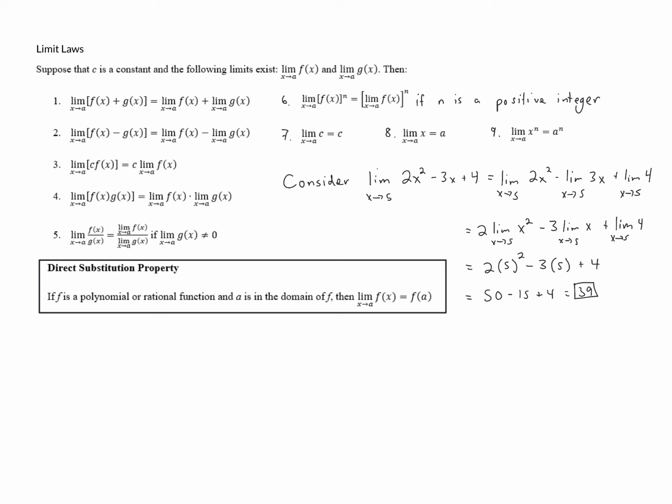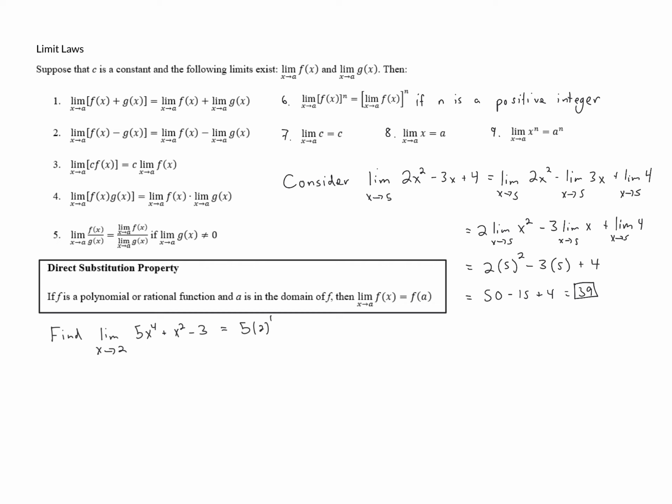Let's find the limit as x approaches 2 of 5x to the fourth plus x squared minus 3. Now, since this is the limit of a polynomial and the domain of a polynomial is all real numbers, we can use the direct substitution property here. And so to find this limit, all we have to do is substitute in 2 for x.